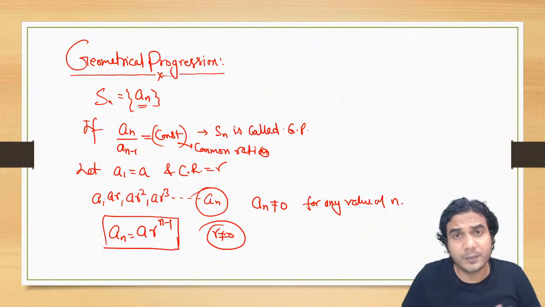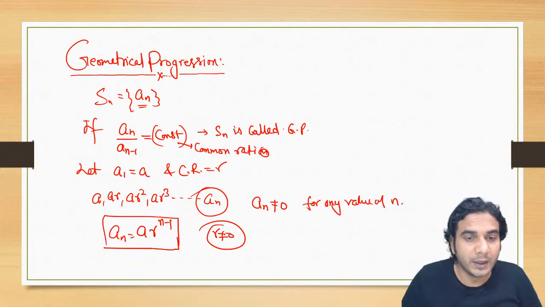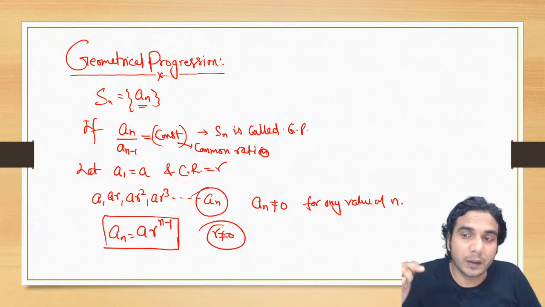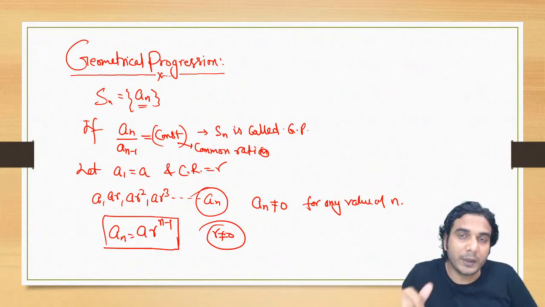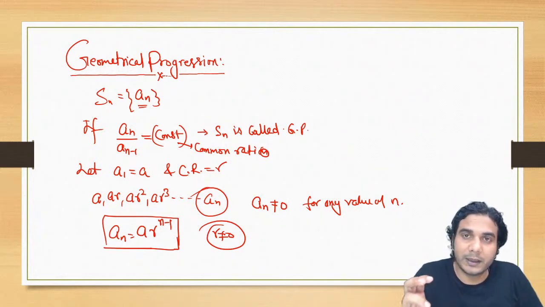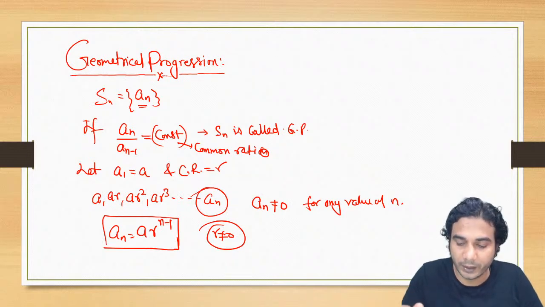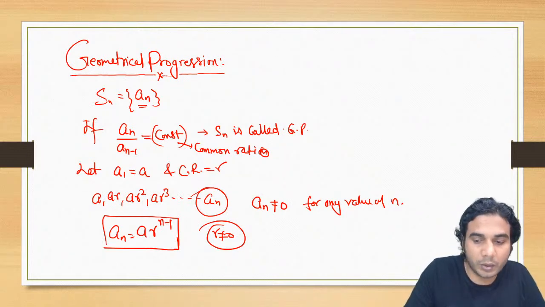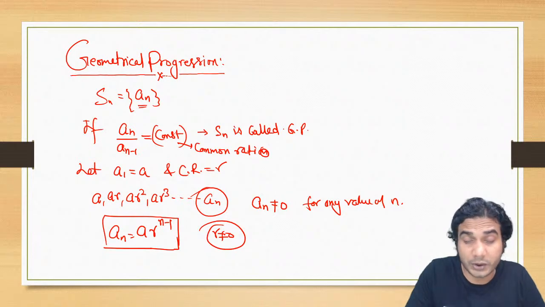In an AP a term can be 0, but in a GP it cannot be. Otherwise, the ratio will not be defined. If you take the ratio of an upon an minus 1, and if any of the terms is 0, then that will go in the denominator and it will be undefined. So no term of the GP will be 0, and the common ratio also cannot be 0. I hope these points are clear.